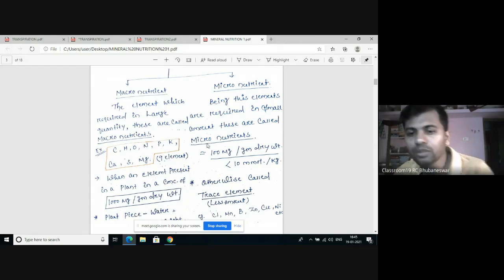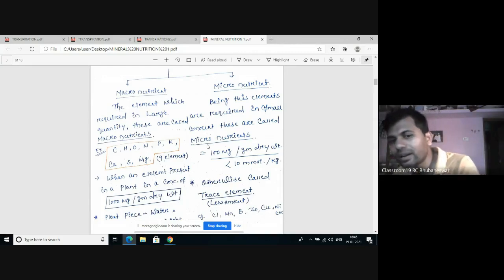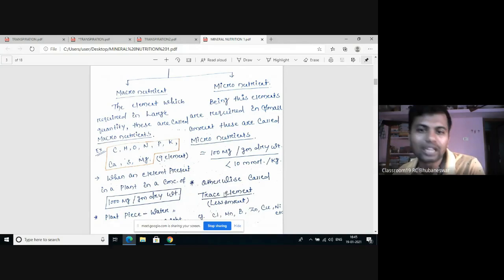Now comes the micronutrients, the elements which are required by the plant in small quantity. This quantity should be equal to or less than 100 microgram per gram of dry weight. Micronutrients are known as trace elements.